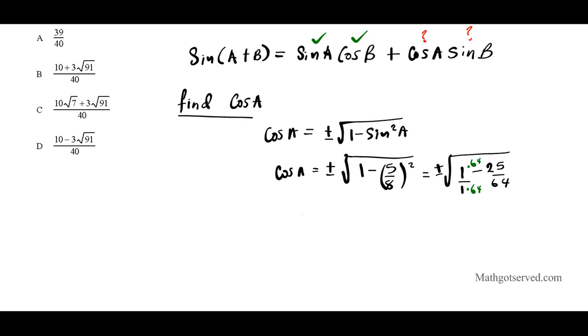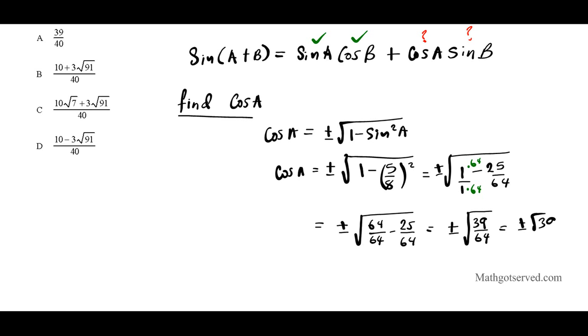That yields plus or minus the square root of 64 over 64 minus 25 over 64. That gives us plus or minus the square root of 39 over 64, and taking the root of top and bottom, we have plus or minus root 39 over 8.